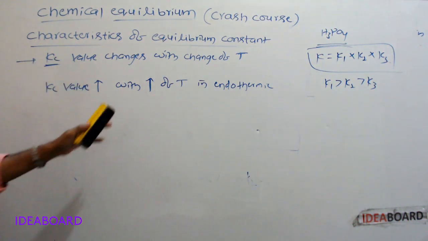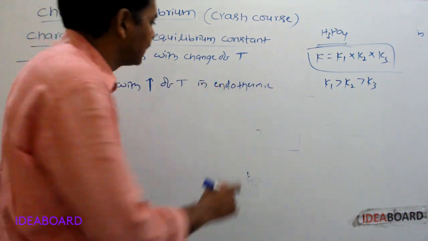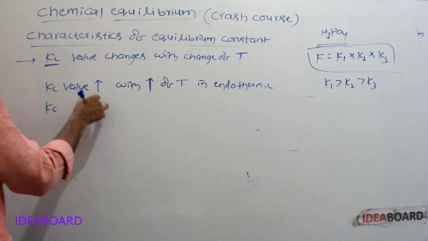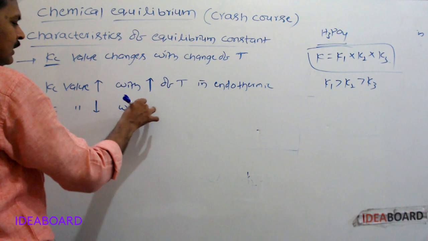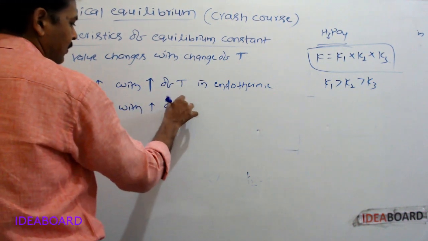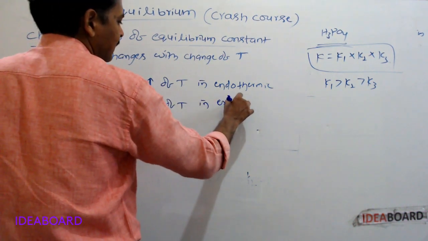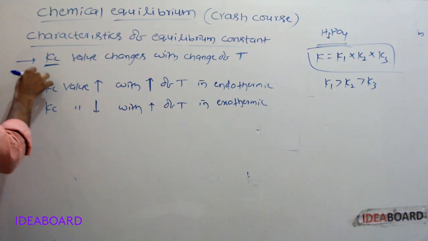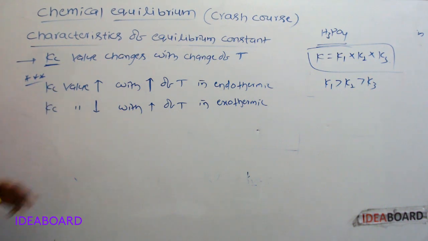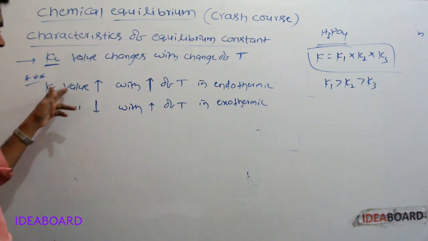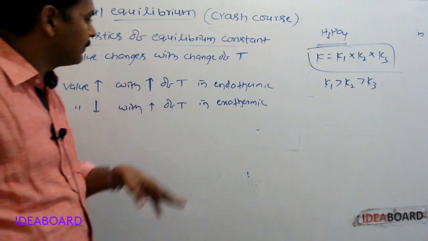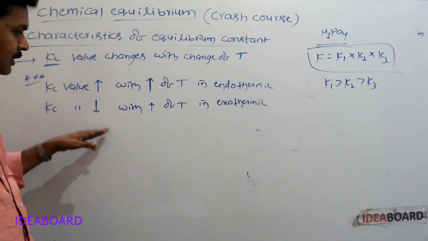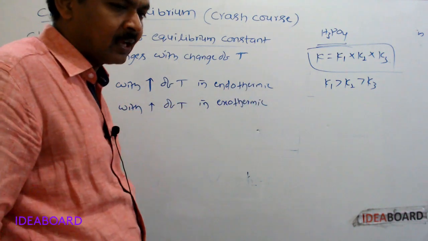Kc value decreases with increasing temperature in exothermic reactions. The equilibrium constant Kc increases with increasing temperature in endothermic reactions, and decreases with increasing temperature in exothermic reactions.